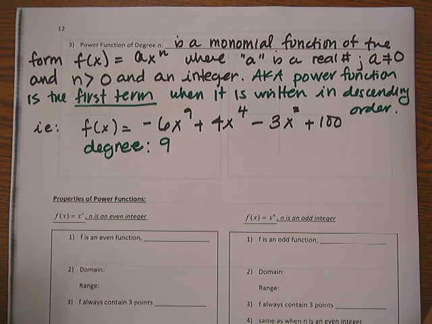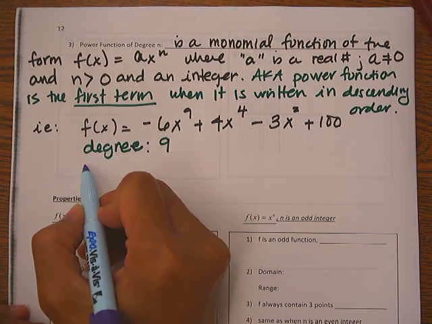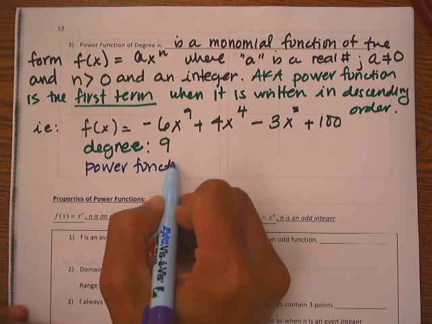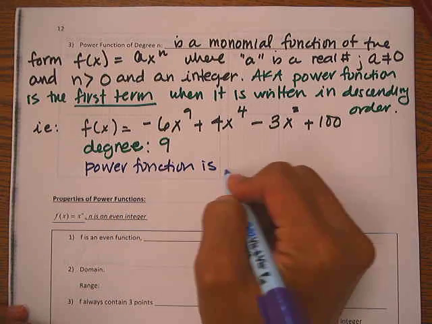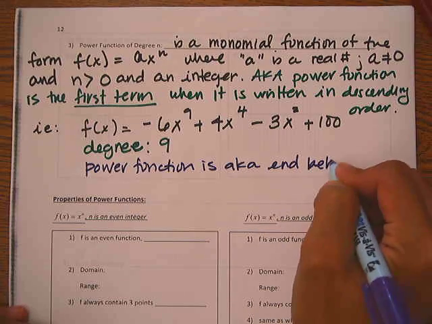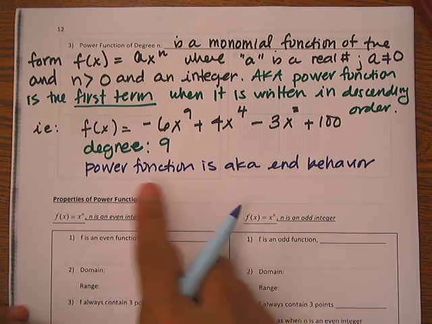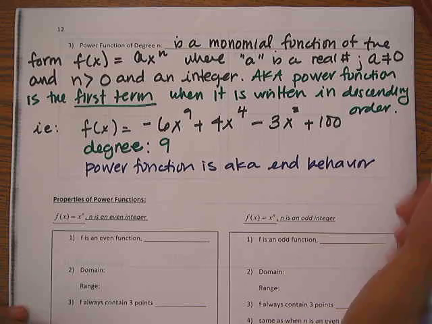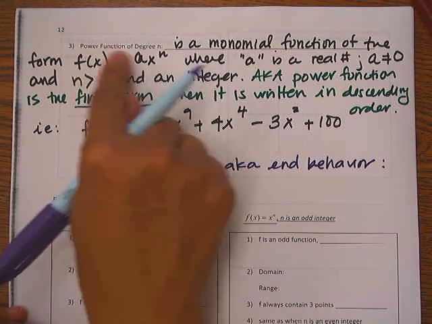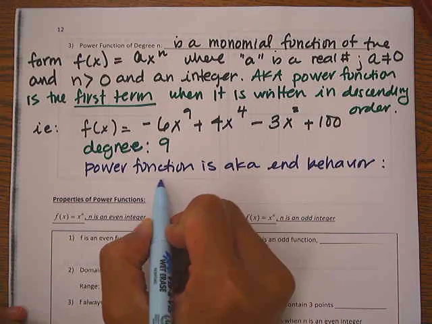Then I want to talk about the power function of degree n, okay? And in your book, power function is also known as the end behavior. Okay, so you're going to see both and they mean the same thing. And the power function is a function, so don't forget the y equals.